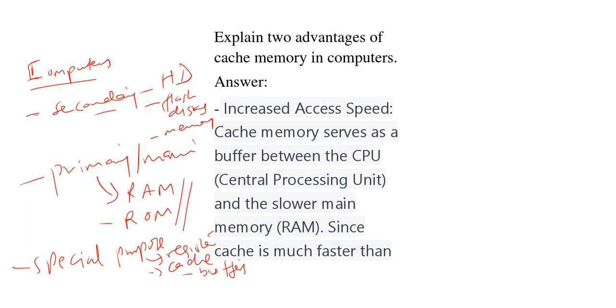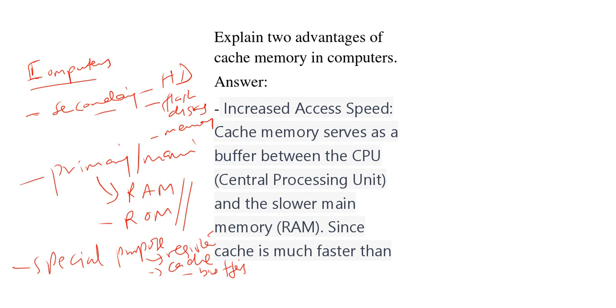So cache is a special purpose memory which is used in the computer, and these special purpose memories were implemented to complement the functionality of the main memory, which is the RAM, because the RAM is normally slow.